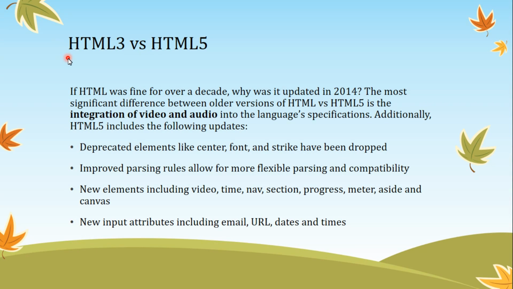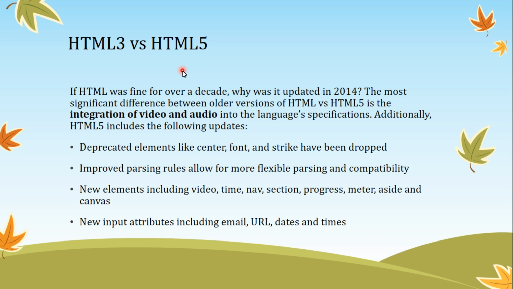Now, the difference between HTML4 and HTML5. In the previous video, I told you that XHTML was not that big a hit, but HTML was a hit. Then why was HTML4 updated after well over a decade, in 2014?